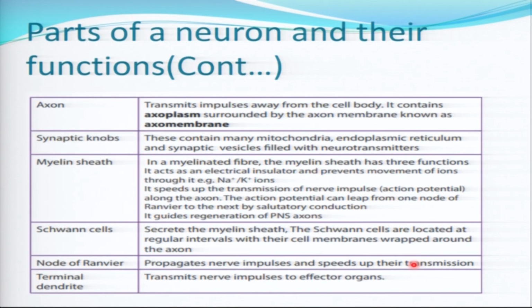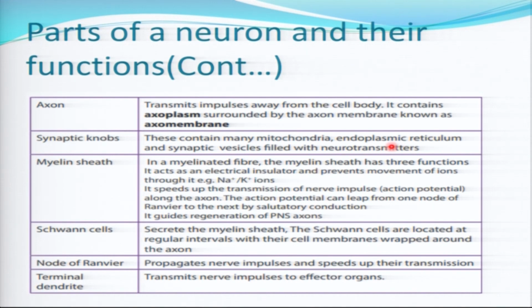They contain many mitochondria, endoplasmic reticulum and synaptic vesicles filled with the neurotransmitter. Those neurotransmitters are the ones that help the impulse to be transmitted. They stimulate the passage of impulse from one neuron to another neuron.